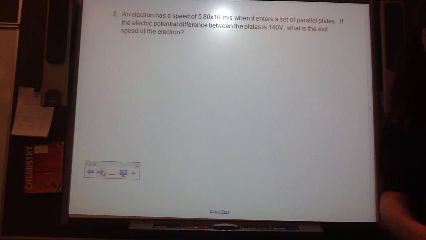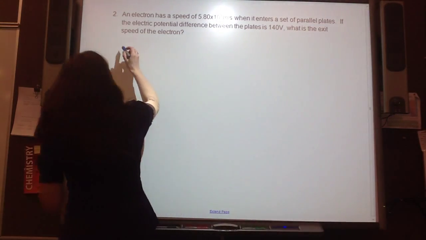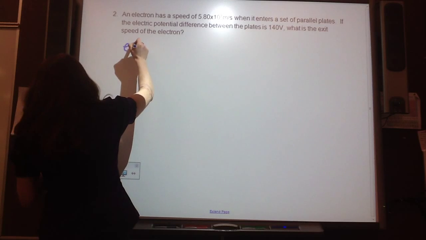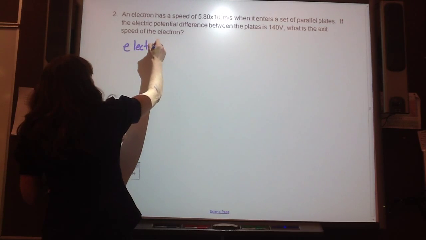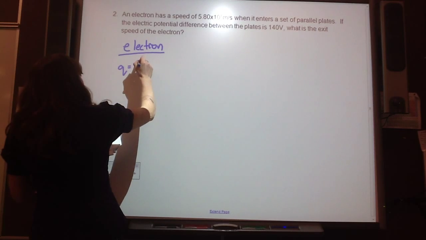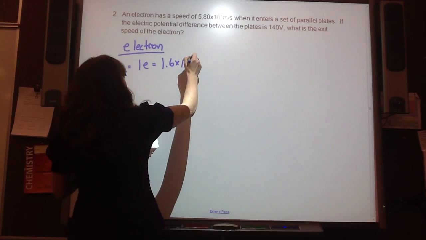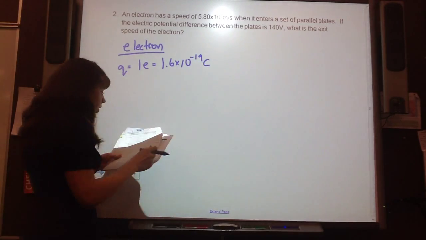Let's just put down first what we know about our electron, because this is our particle we're dealing with. My electron has a charge of 1 e, which is 1.6 times 10 to the negative 19 coulombs.